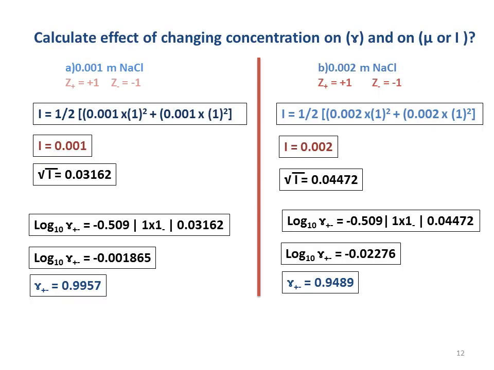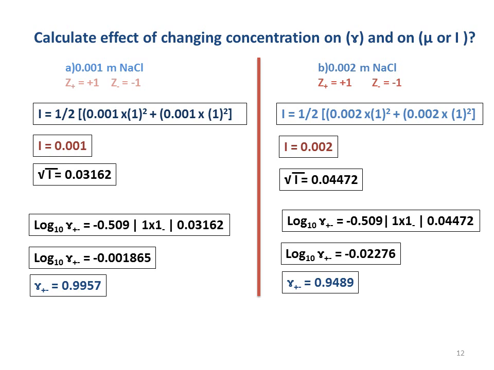Here we are calculating the effect of changing concentration on gamma, meaning mean ionic activity coefficient, and on mu or ionic strength. The first case is that 0.001 molar NaCl is taken. It is a univalent salt. Z positive is equal to +1, Z negative is equal to -1. Putting values in the equation of ionic strength, it is 1/2 into sum of Ci into Zi square, for both ions.